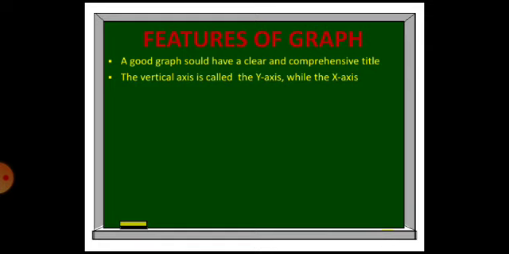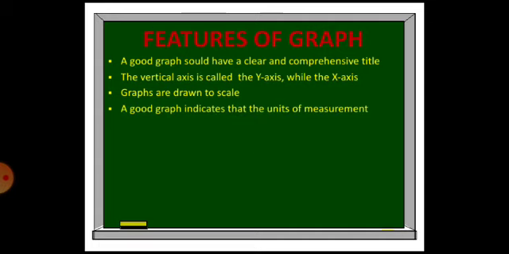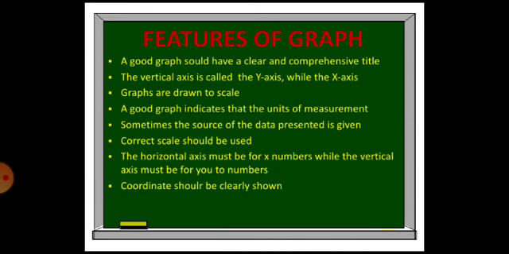Then the horizontal axis and the y-axis should be well stated, telling us the variables you are trying to compare. Then your graph should be drawn to scale. Then a unit of measurement, like I have said earlier, should be stated. Sometimes the source of the data presented should also be stated clearly. Correct scale should be used.